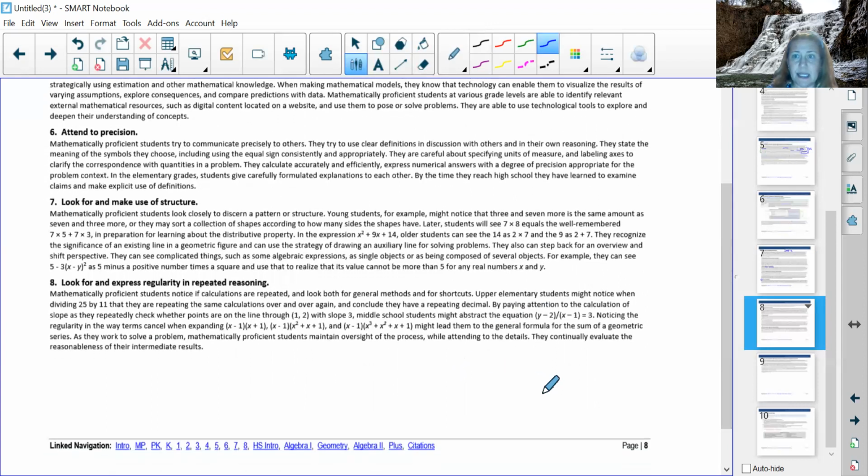Attending to precision means like you label your axes, when you draw a line, you write the equation on the line, you round to the place that you're told to, right? When you find area, you don't just write 10, you write 10 centimeters squared. That's attending to precision. There's also precision in our language.